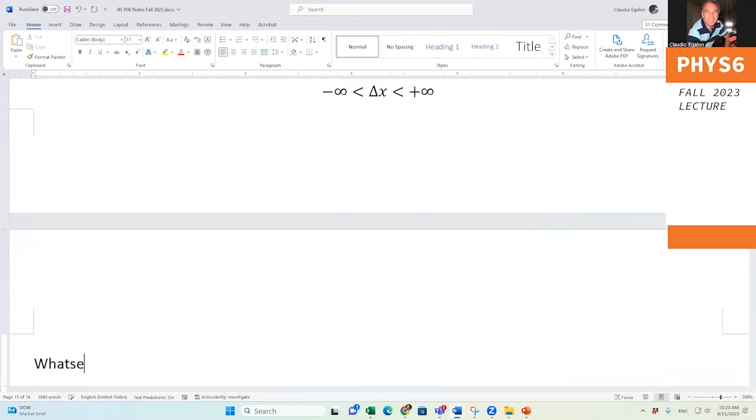Whatever you see in the odometer of your car is the distance traveled.